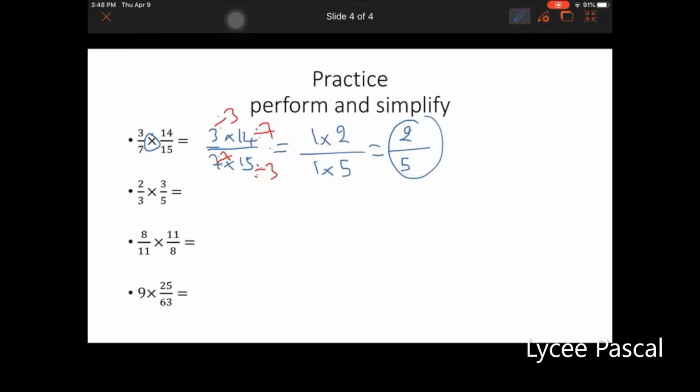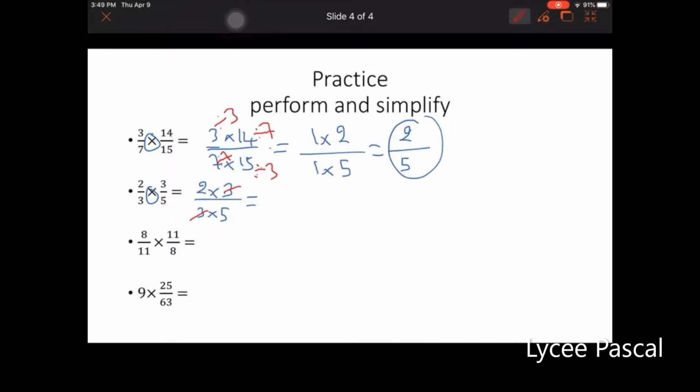Now we go to the second one. So it's a product of two fractions. We multiply the two numerators and we multiply the two denominators. As you see here, we have the same number in the numerator and in the denominator. The same number here is the number 3. So quickly and directly we can cancel them out.